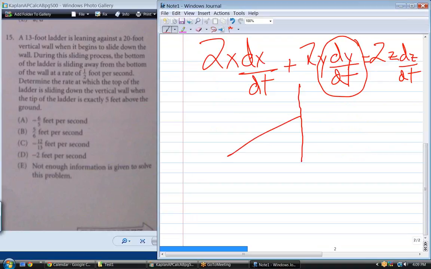There's the 20-foot wall again. But now the conditions are slightly different. It's still a 13-foot ladder. When the tip of the ladder is exactly 5 feet above the ground, that's 5. What's x?